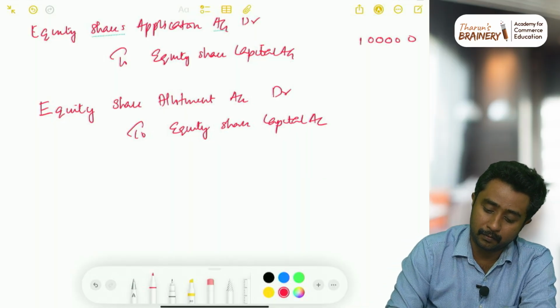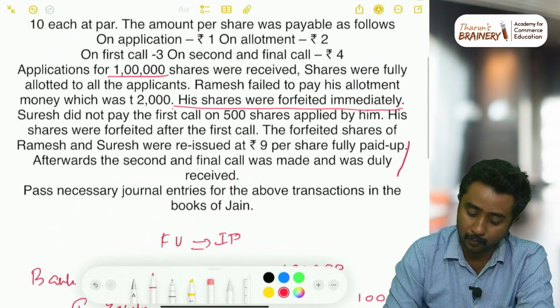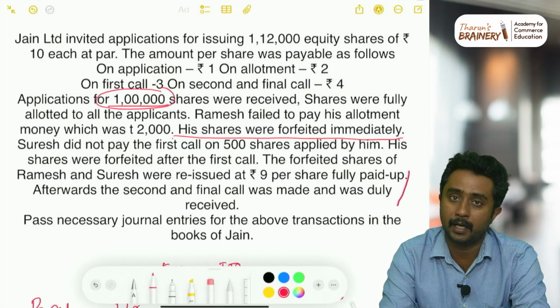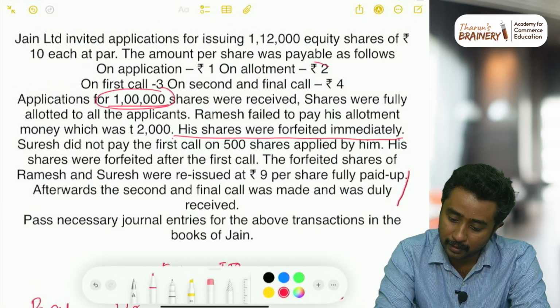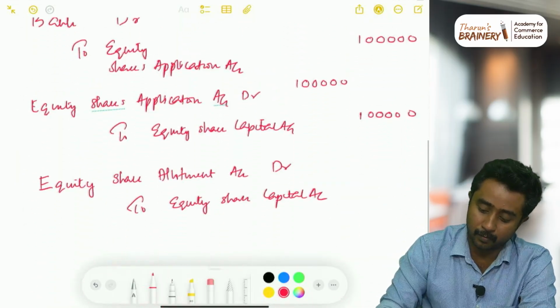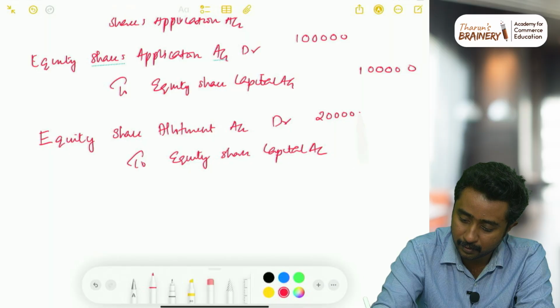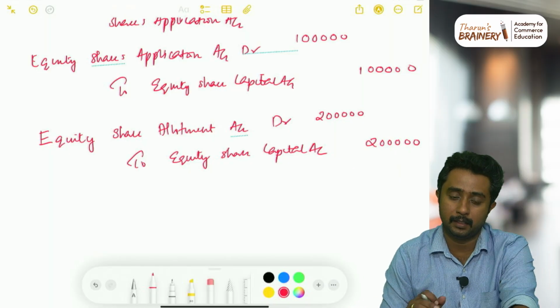What are we going to do? We are going to ask for the allotment money due. So here we have 1 lakh shares to give, and allotment money is 2 per share. So obviously allotment money due will be 1 lakh into 2, which is 2 lakhs. We need to receive 2 lakh.